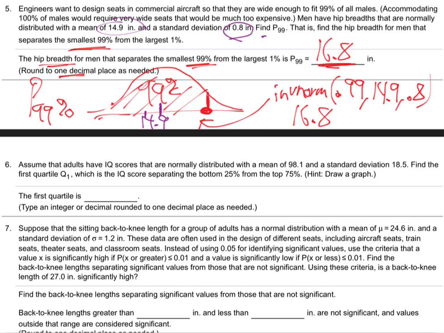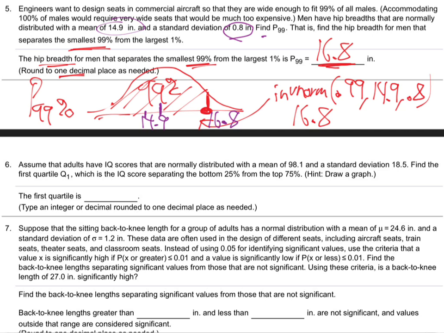We're saying if we make these seats 16.8 inches wide, that'll cover 99% of men. Do you see what we determined? That's what that 16.8 is. This is what manufacturers really do. They want to make sure they make the seats big enough to cover most of the population.